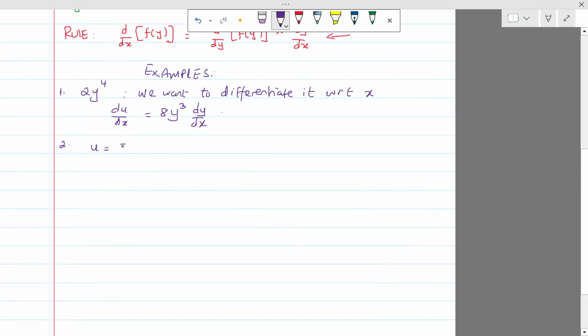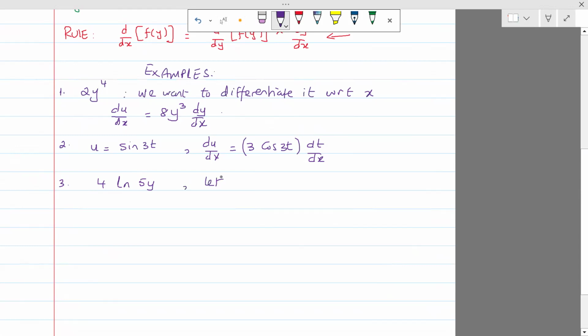Now u equals sine of 3t. So what will be du by dx? Again, I'm going to differentiate: 3 cos of 3t. But then I'm going to write dt by dx with it, because the variable is t here. I will not have y. So let's say I have 4 ln 5y.